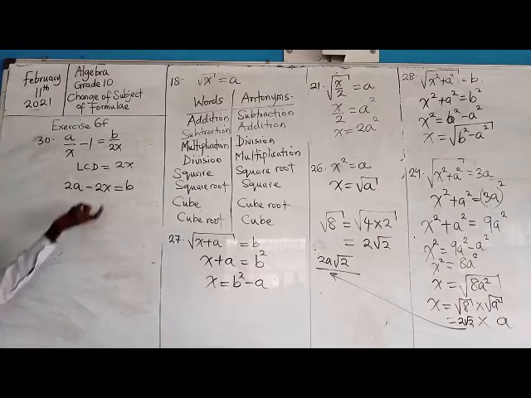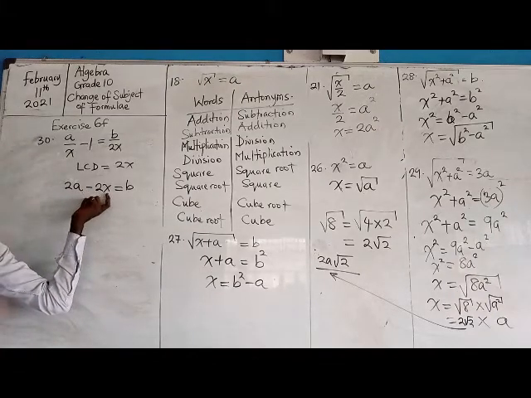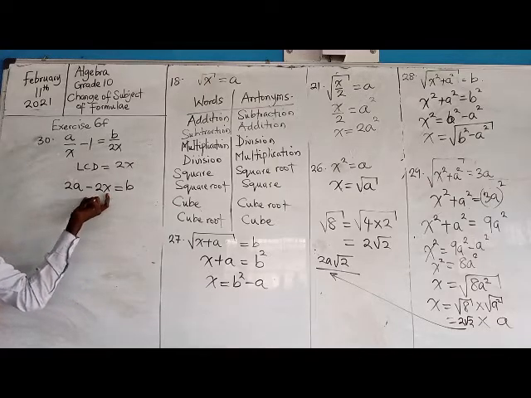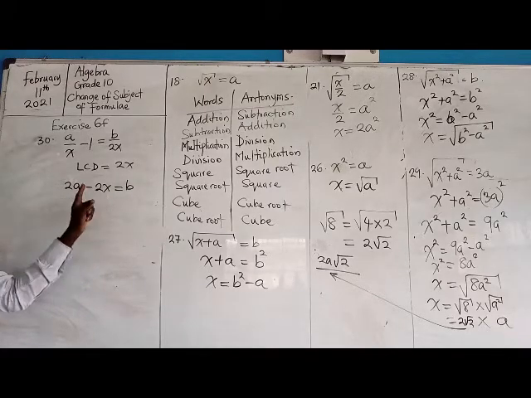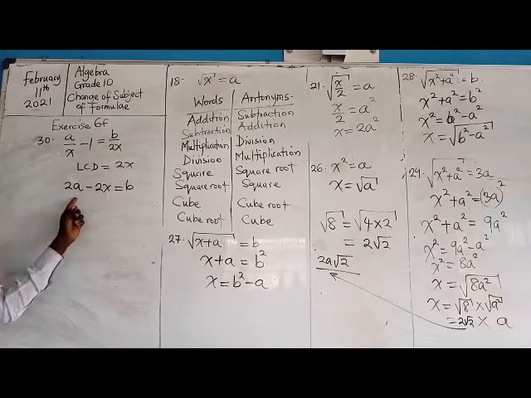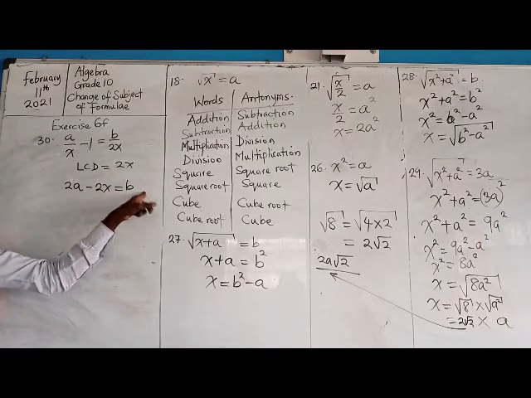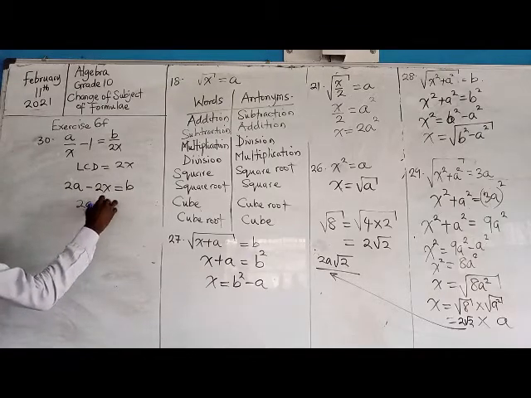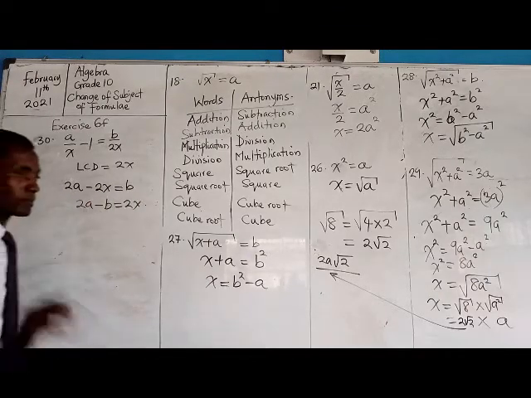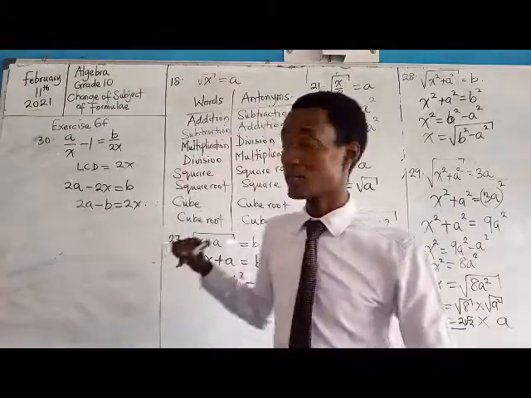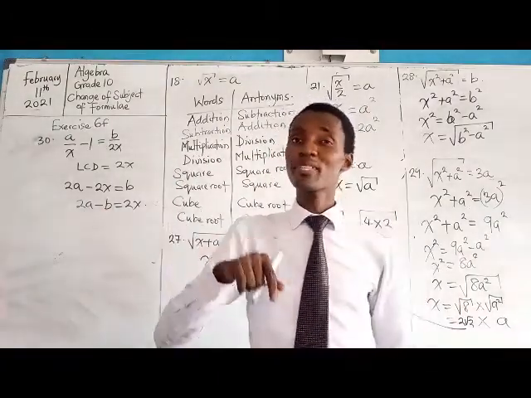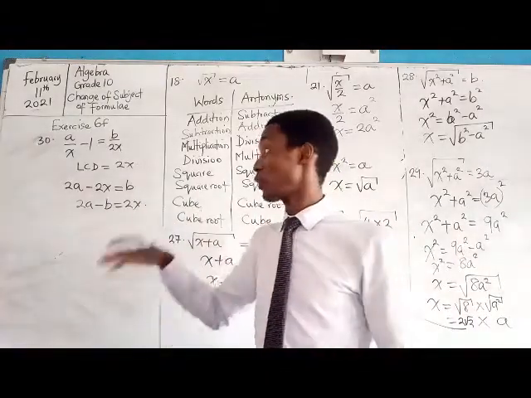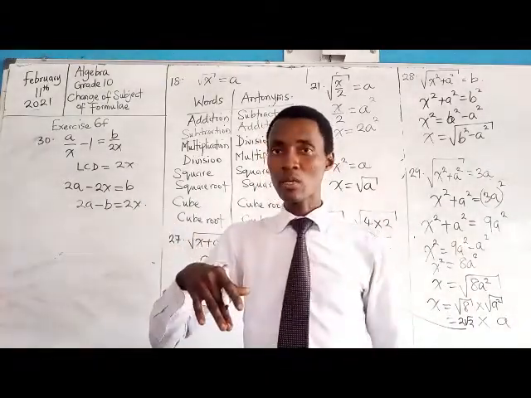At this point, you discover that the unknown we are trying to take care of, or the subject, is negative. So we need to deal with it. So we add this additive inverse on this side and bring this way. So that will be 2a minus b equal to 2x. What I want you to see at this point is this. Sometimes in the exam, we have said try to always keep the unknown, or the subject, on the left hand side.